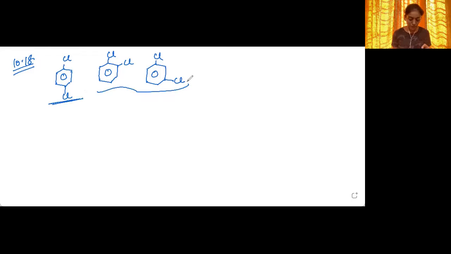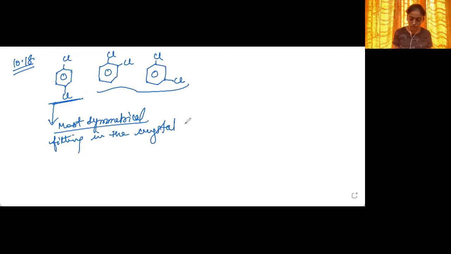Now why is it so? If you see the structure of these three molecules, the para-dichlorobenzene is the most symmetrical structure. Now, if the structure is symmetrical, then the fitting in the crystal lattice is more symmetrical, and the lattice becomes very stable.